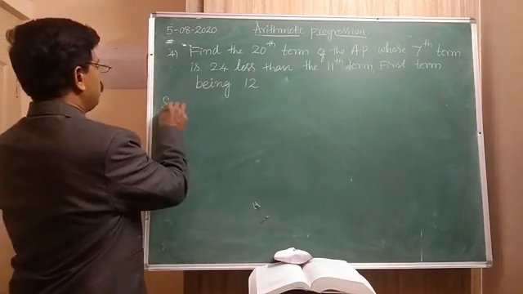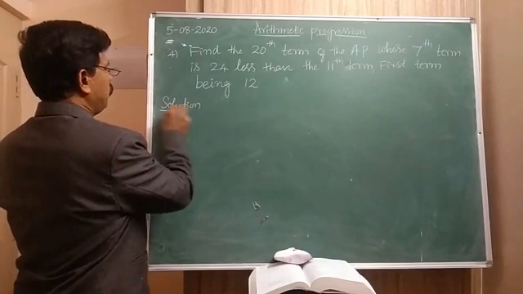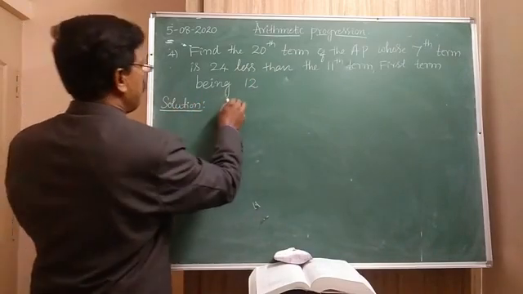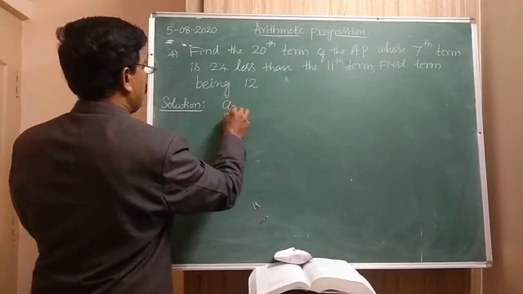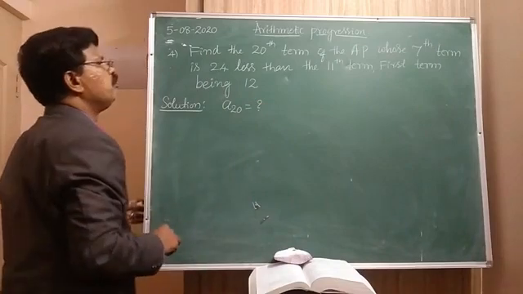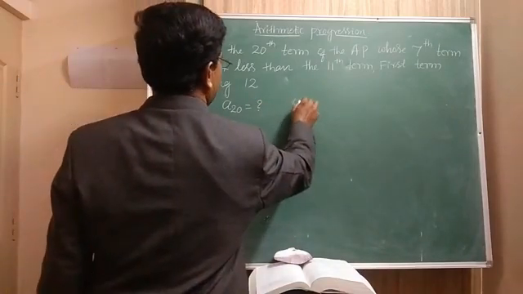So solution. Find the 20th term. That means A20 is equal to question mark. Whose seventh term, see, look at this, this is very, very important.